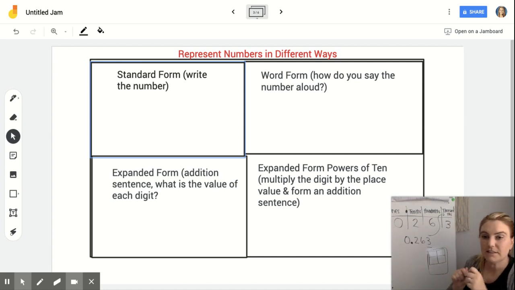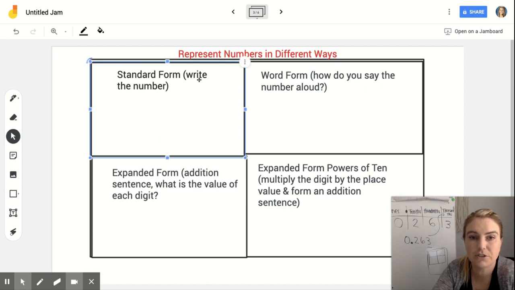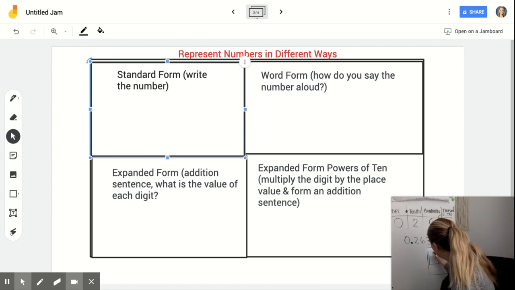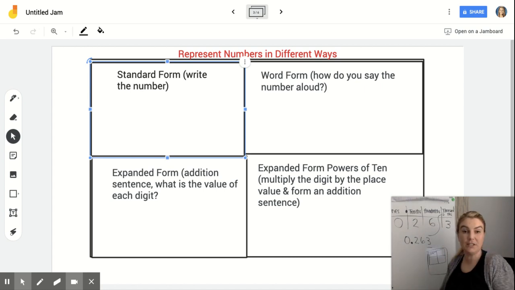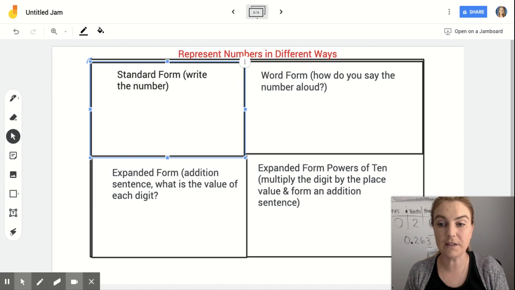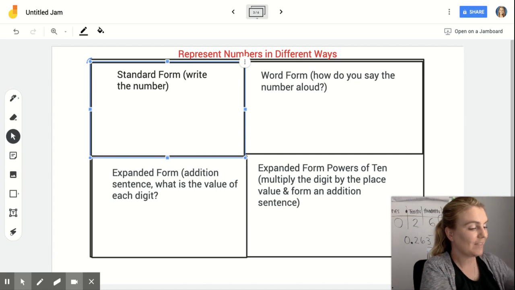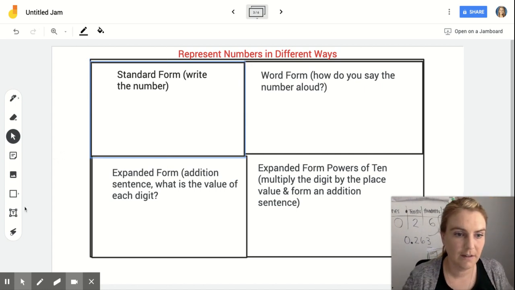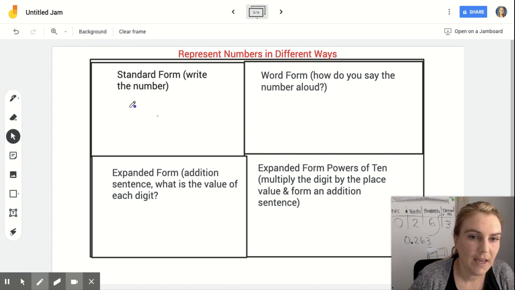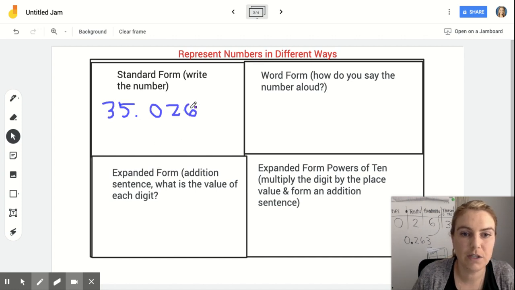And then let's go ahead and add in this information little by little. So I want you to turn your attention to this first box here. And somewhere at the top of that box, I'd like you to write standard form. And in parentheses, I gave basically what the definition of standard form is. That just means to write the number. The number that we're going to be working with for this example is 35 and 26 thousandths.